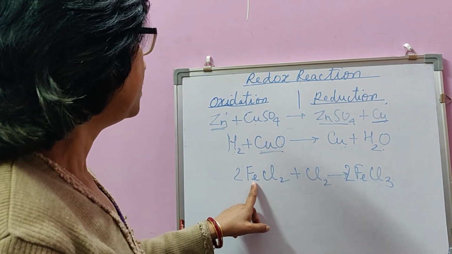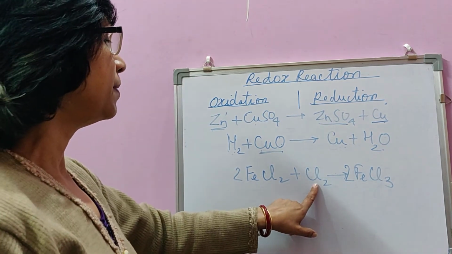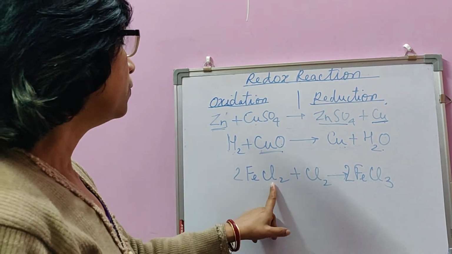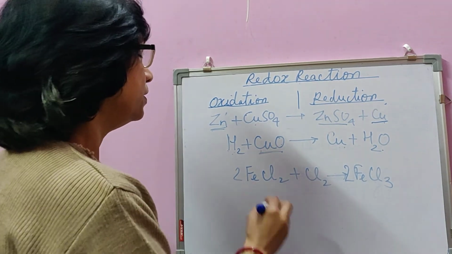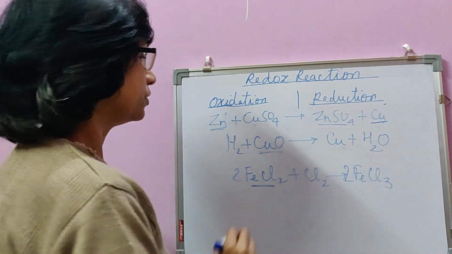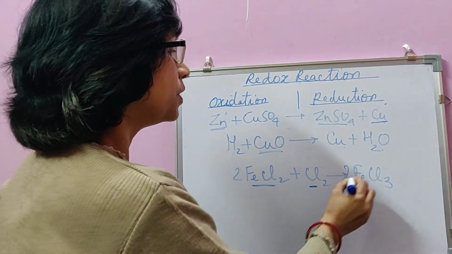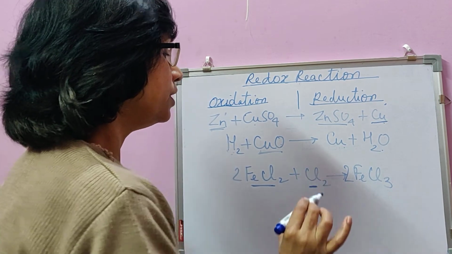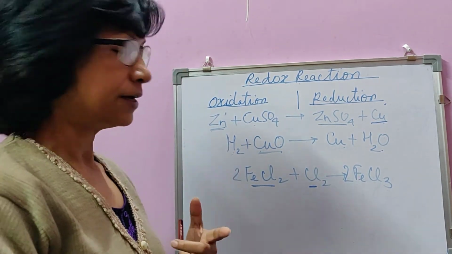FeCl2 combines with chlorine. Chlorine is an electronegative element like oxygen. So when chlorine is added to FeCl2 to become FeCl3, then FeCl2 is oxidized. And chlorine combines with iron to become FeCl3, so chlorine is reduced. Now let's discuss it on the criteria of electrons.